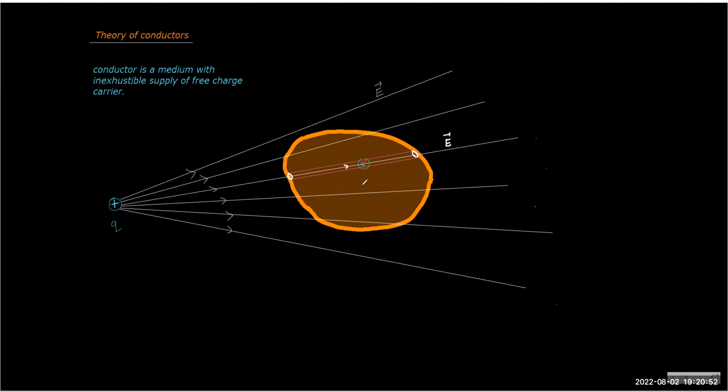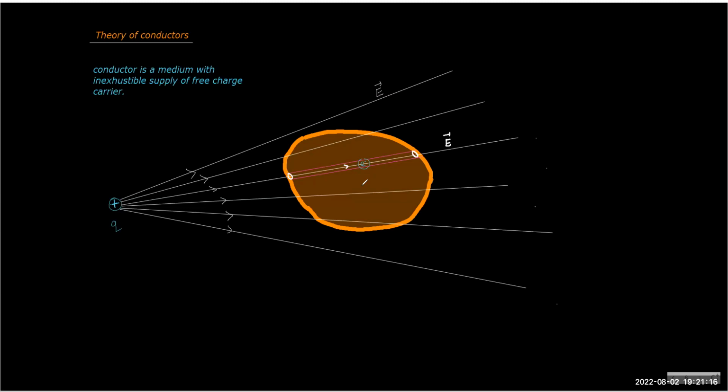Now the force will act. So the question is, is it possible for the electron to react to the force, which means can it move along the direction of force? The answer is yes, because it's a free electron, which gives it the ability to move because of the force.